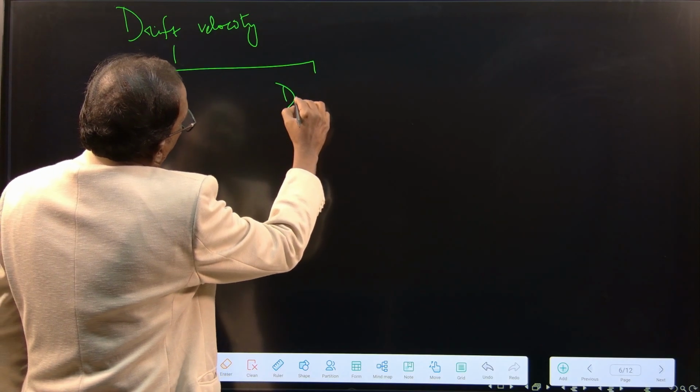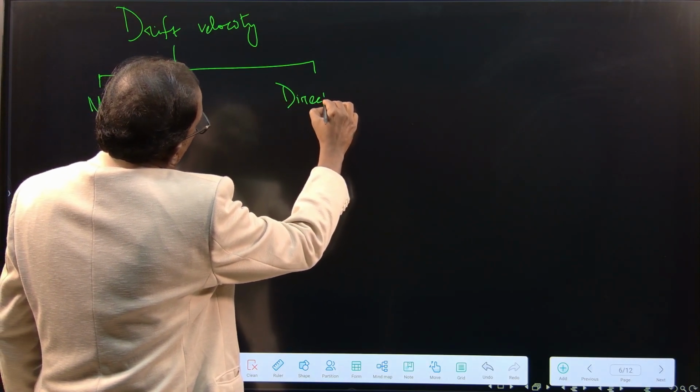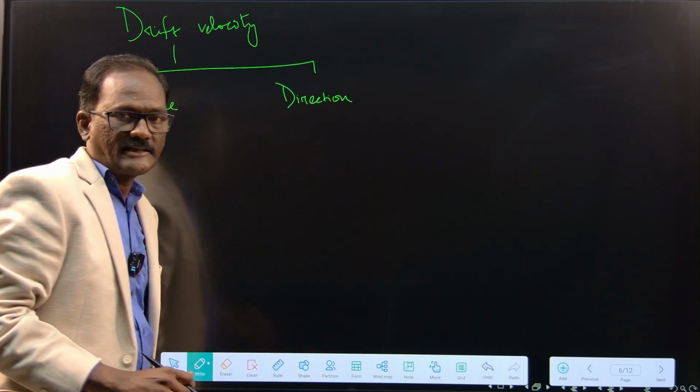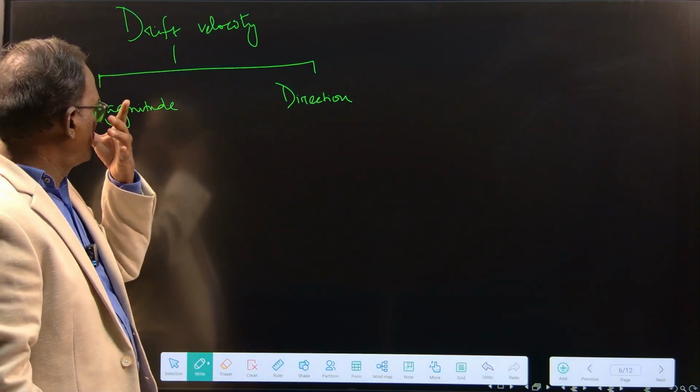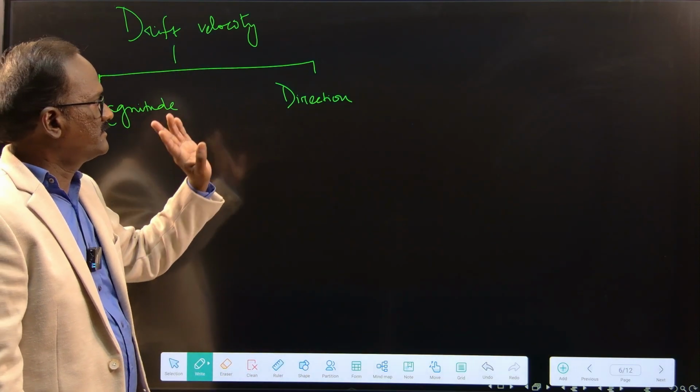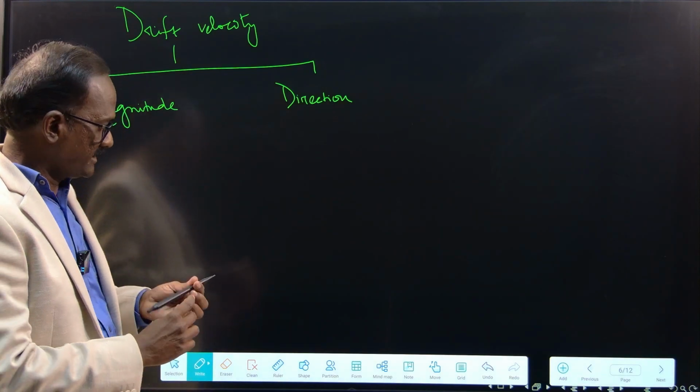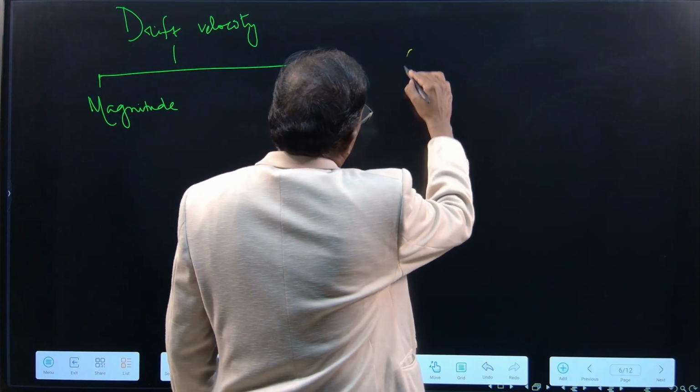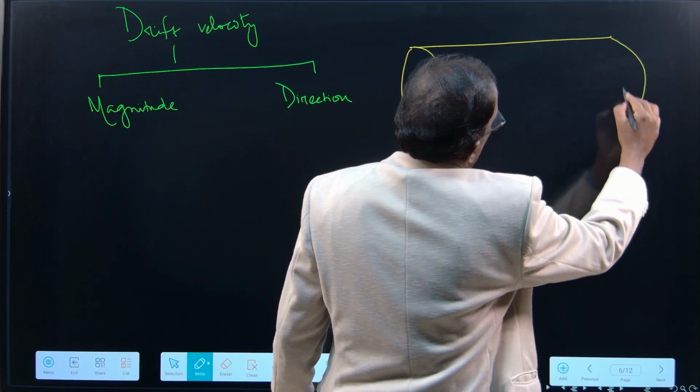Magnitude, direction. Magnitude we will consider next. First we will see the direction, right? So this is our conductor. We were discussing it.